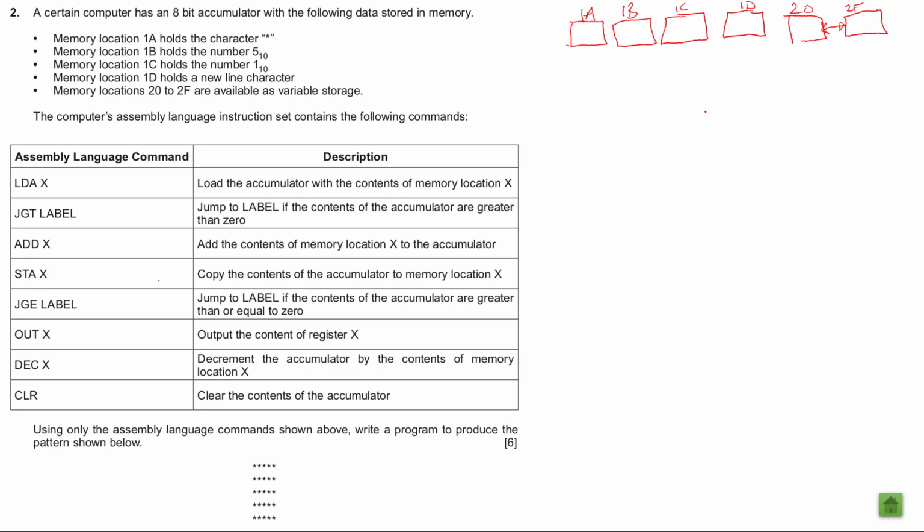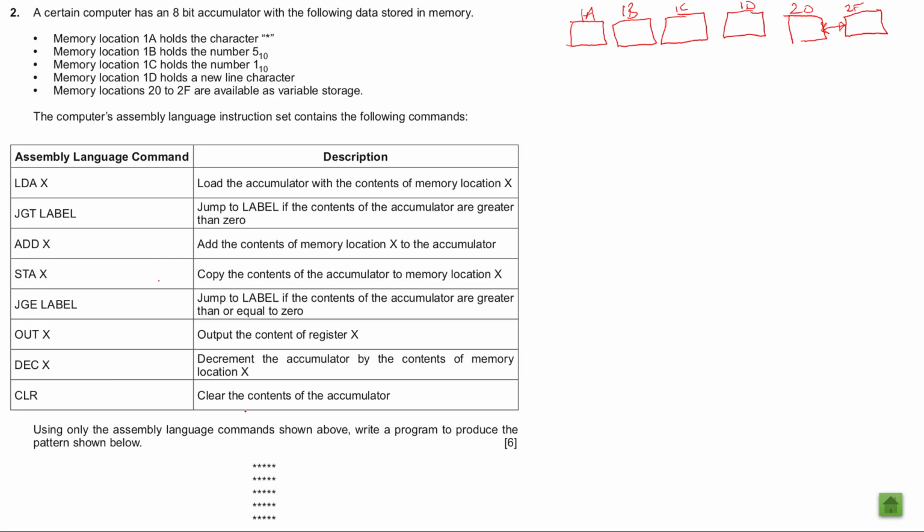Now the computer's assembly language instruction set contains the following commands: load, JGT, which is jump to a label, add, STA, so store, jump again to a label if the contents of the accumulator are greater than or equal to 0, output, and then decrement and clear.